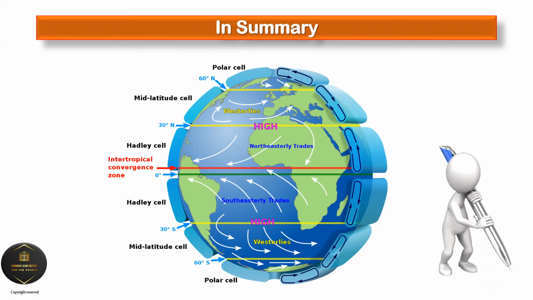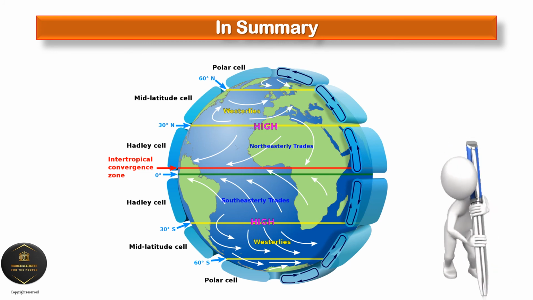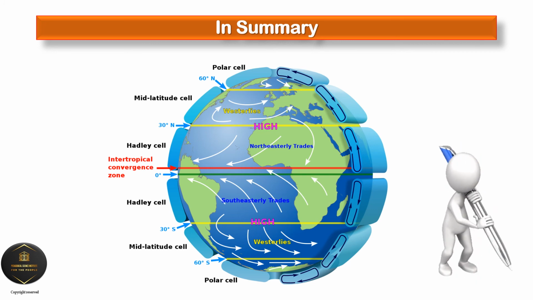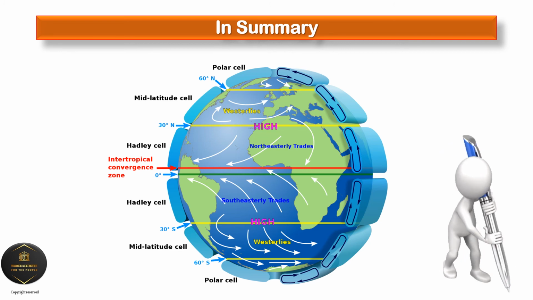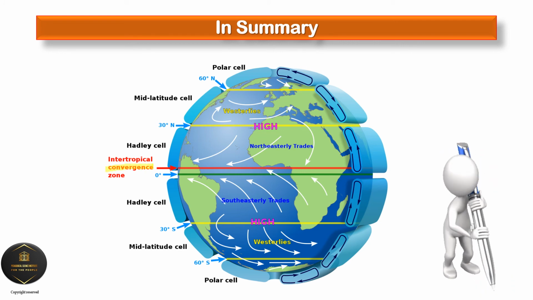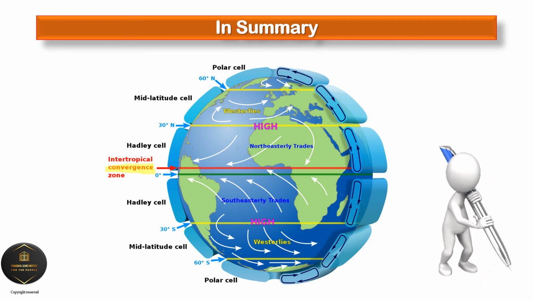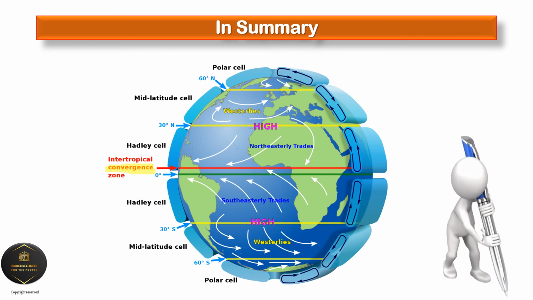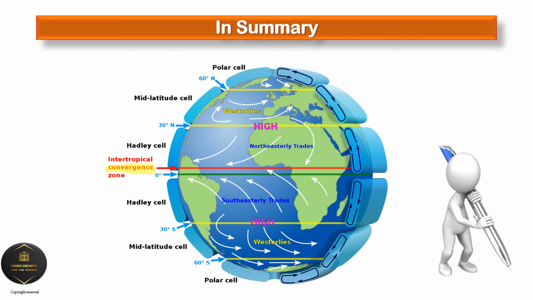Now let us summarize. In summary, our summary is just this diagram, and this diagram is basically applying all the rules, because it shows us that we have the intertropical convergence zone. And air convergence is associated with what? Low pressure systems, and low pressure systems are associated with warm, moist, rising air, right?